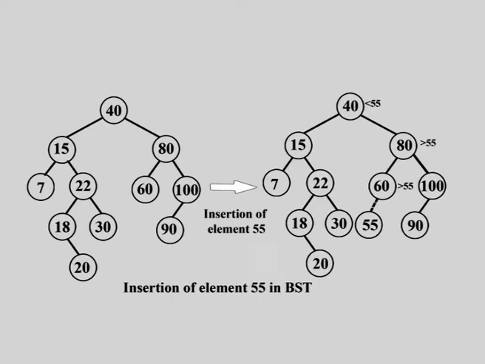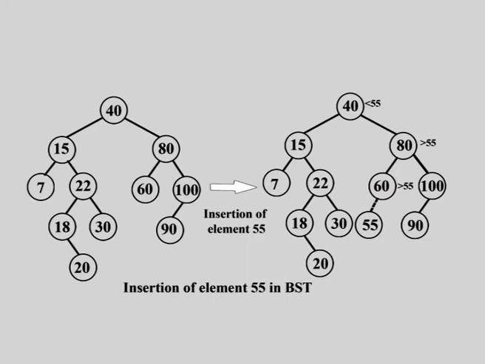Now, we compare the element 55 with element 80, which is the root of the right subtree. At this stage, we will proceed towards the left subtree as 55 is less than 80. Now, compare the element 55 with the element 60.